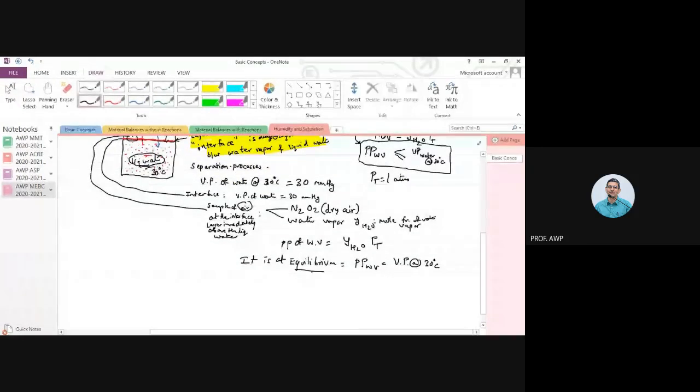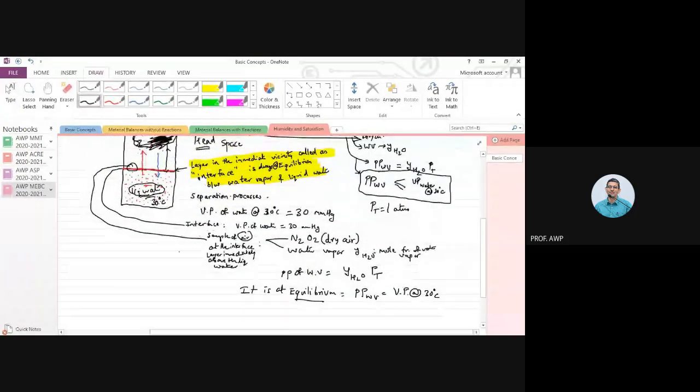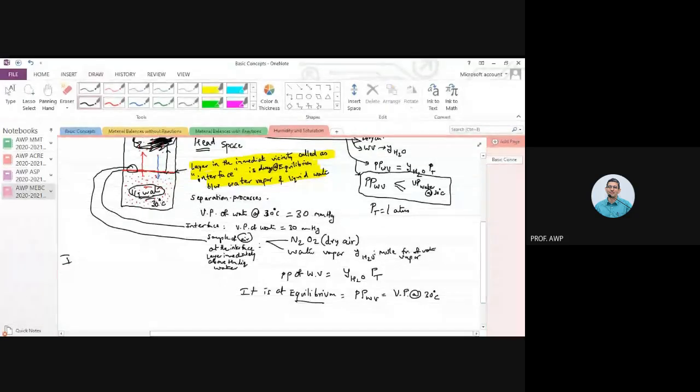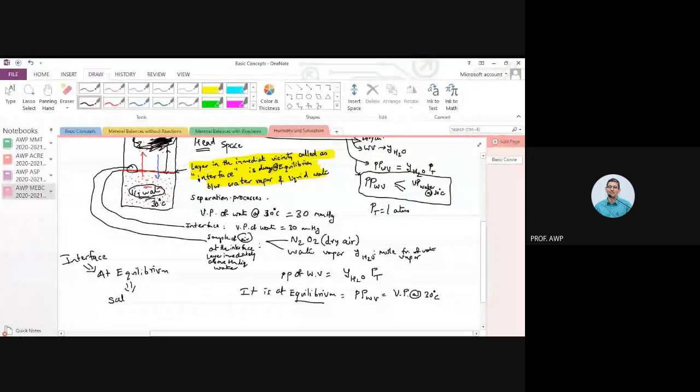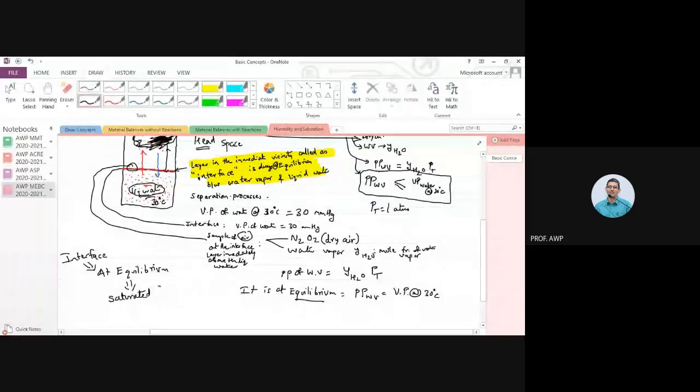So this interface, we say it is always at equilibrium. And another word that we use is saturated. Interface is saturated. We'll talk about this as we go along.